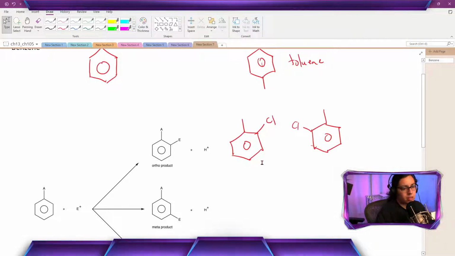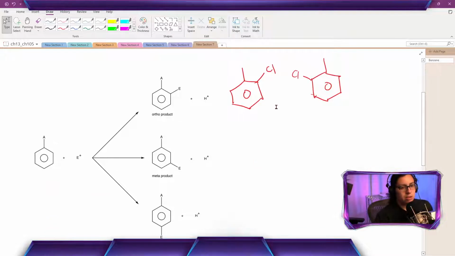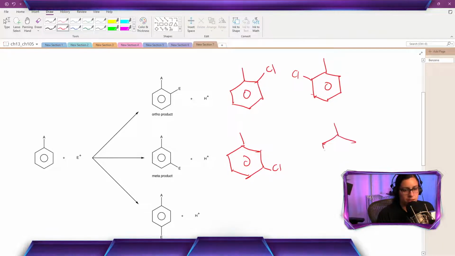Now the meta is now the second position. So this would be meta. Could draw it again on the opposite side. Still meta. So the same by rotation, but I just want to make it really clear.